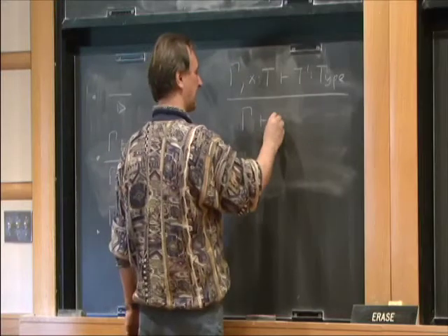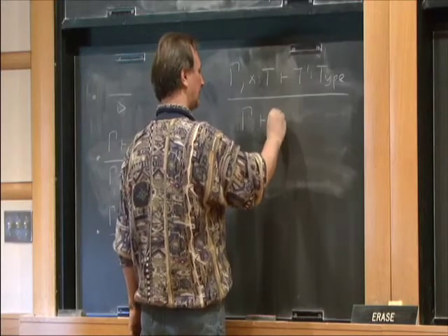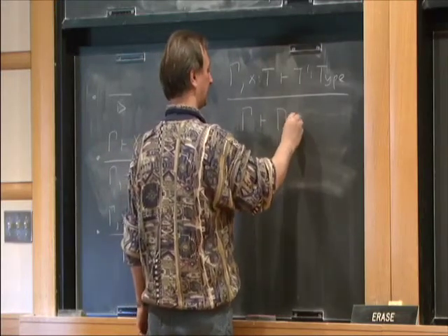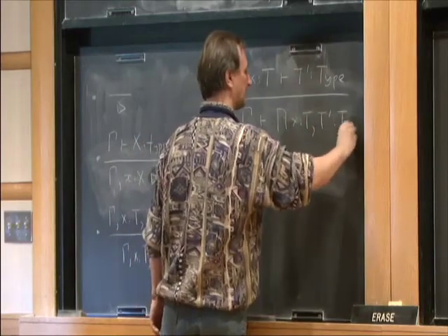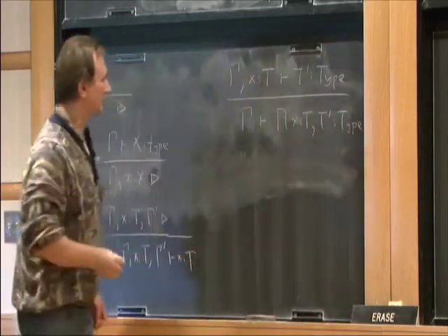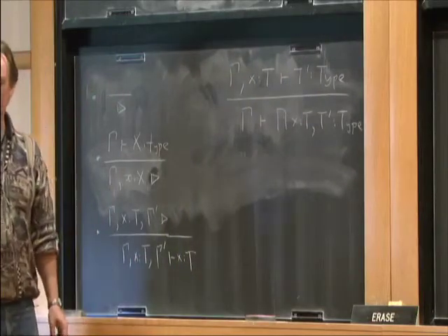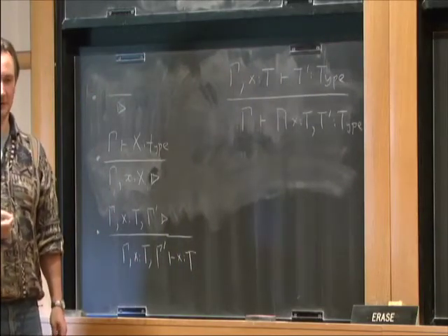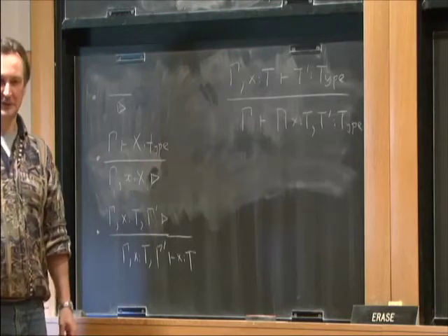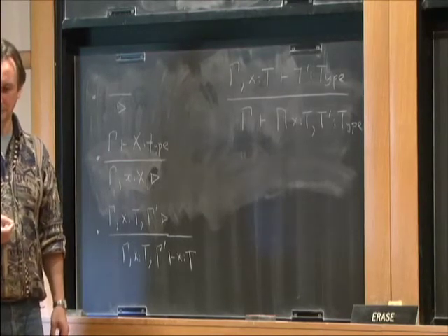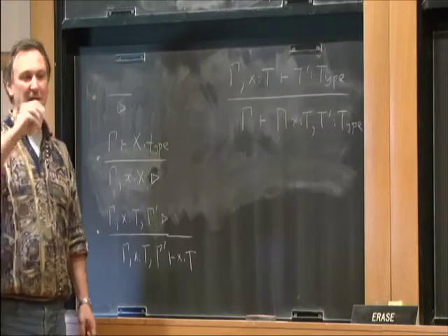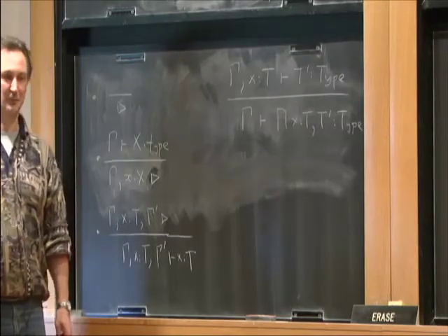And then that implies that the product x : t, t prime is a type. So we'll say 'is a type' is one thing, and 'is in type' is another thing. 'Is in type' is a stronger thing than 'is a type', because little type itself is a type, but it's not in itself.